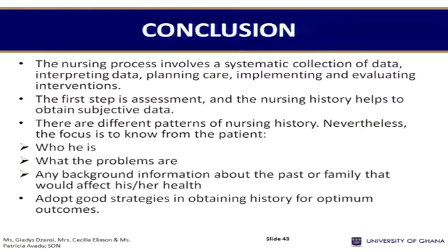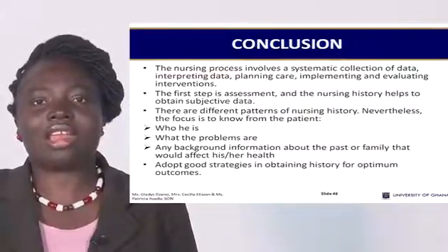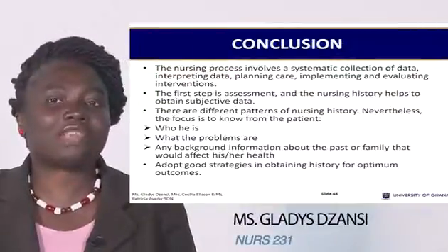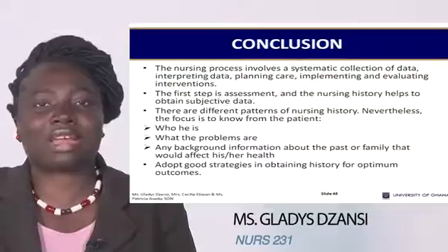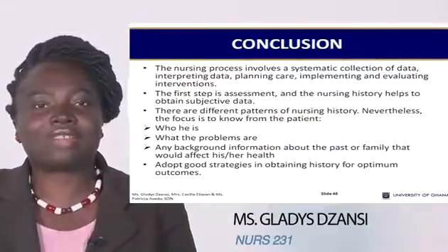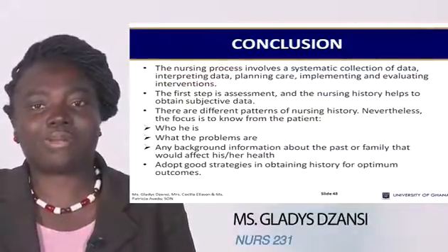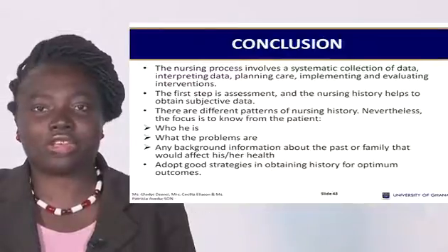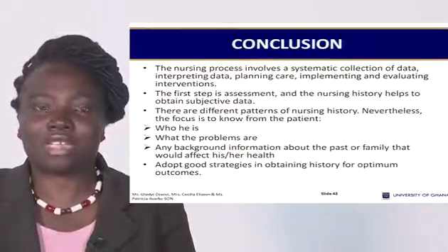So in this session, we have looked at the nursing history. And nursing history is important to us because as nurses, we use the nursing process for giving our care. And the nursing process requires that we collect information in a systematic manner to help us identify the patient's problem and plan the care that we want to give, and at the same time evaluate it.